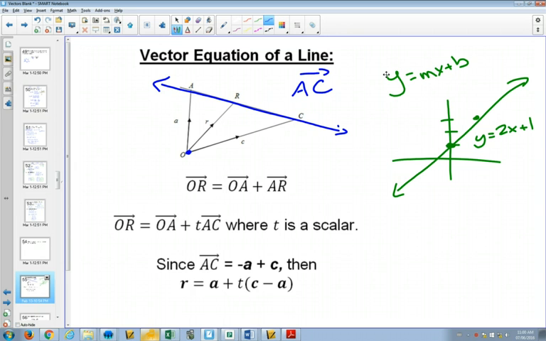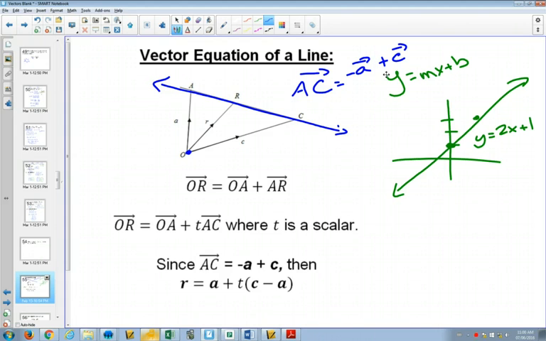Here's our origin, and so we've got a position vector a and a position vector c. So we could say that our direction vector AC is just minus a plus c. And that's what we've done so far when looking at position vectors already.